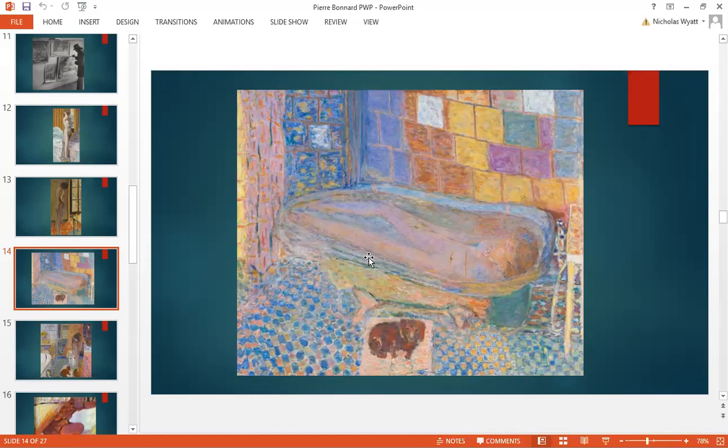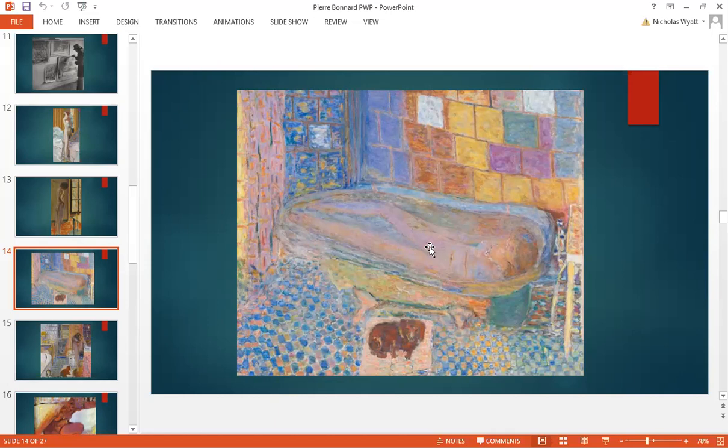And so just to examine it, Martha's body is almost at the same tonal value as the bath that she's occupying, okay?